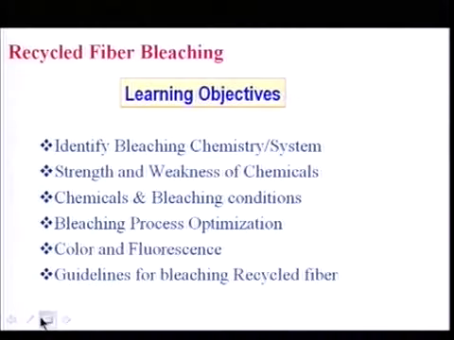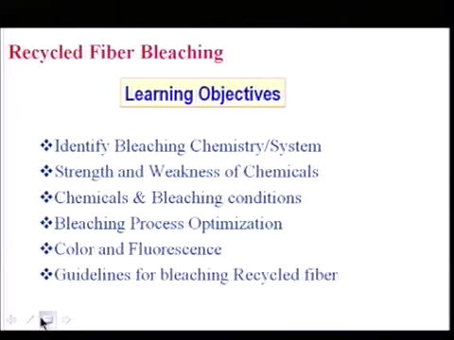What are the learning objectives of this course? First, we are going to identify the bleaching chemistry and the bleaching system. Then we are going to look at strength and weakness of the chemicals we are using for bleaching recycled fiber. Then we can look at what conditions we want to bleach.